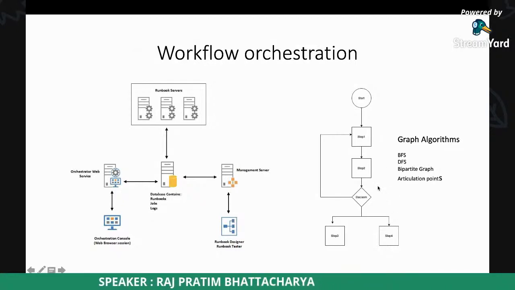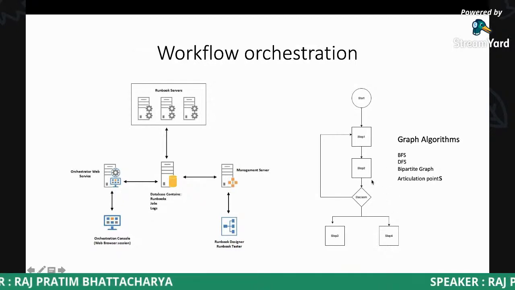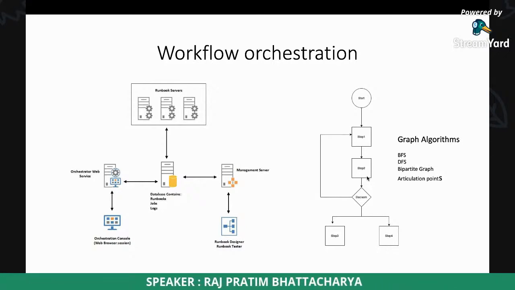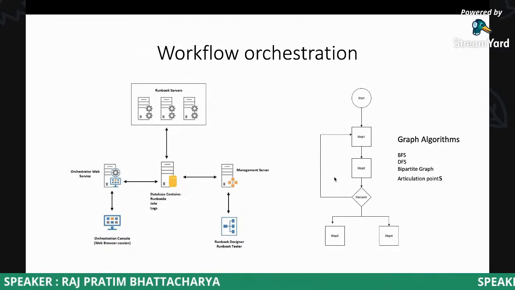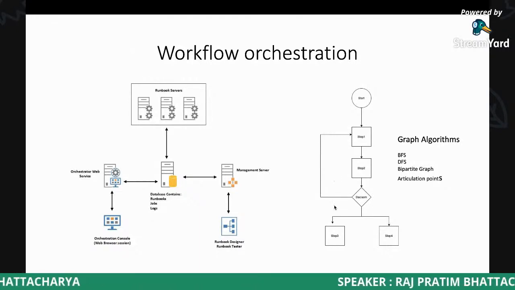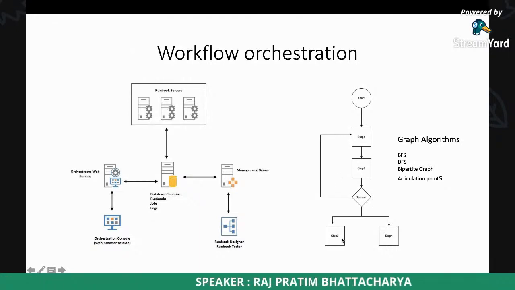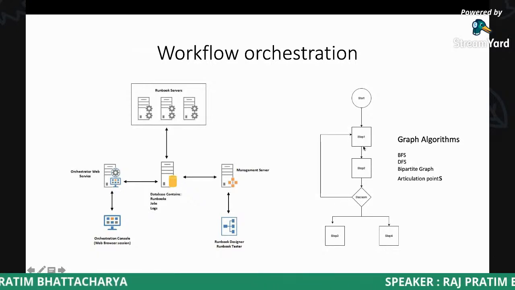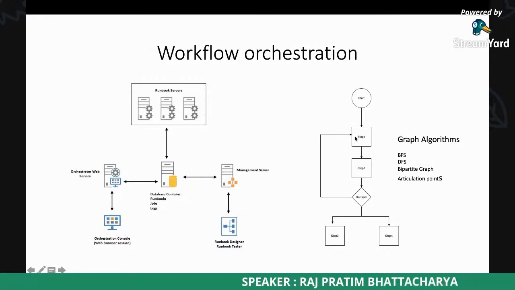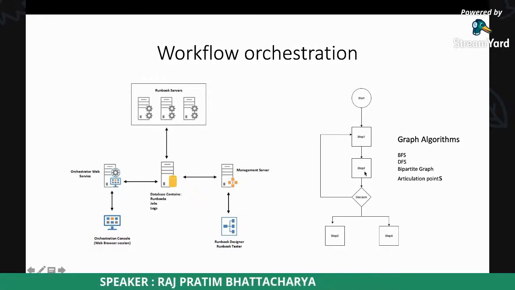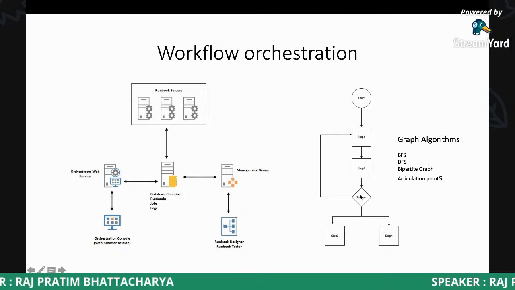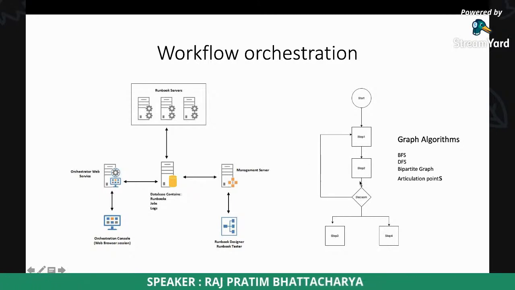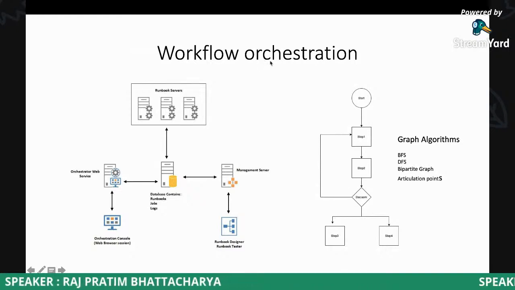Then in the next step, you have to show the payment information. Based on the payment, if you pay, you go to the success page, and if you don't pay, you go back to the previous page. So these are independent steps, and based on the decisions, we move around different steps. This whole process is called workflow orchestration.